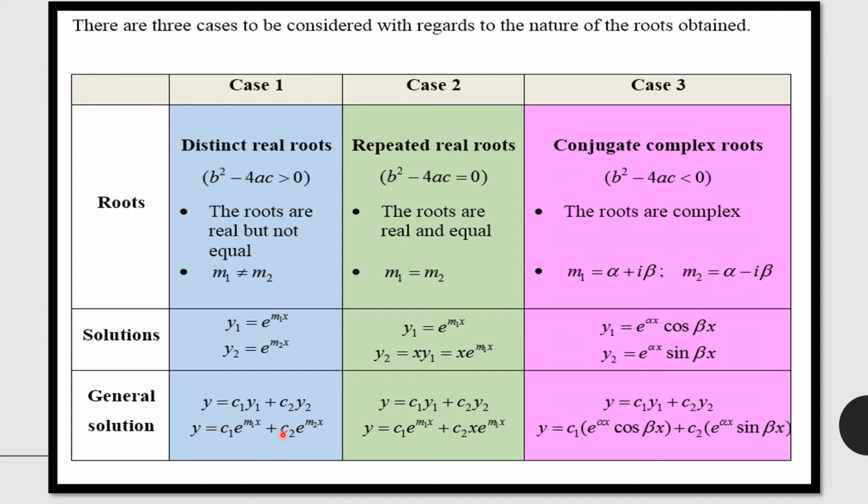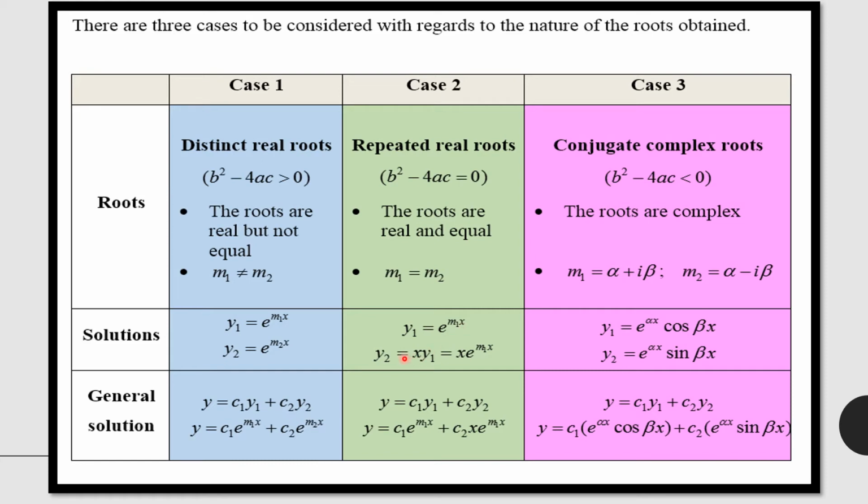Case number 2 is when we have two roots and they are both equal. Okay, the roots are real and they are equal, and if you use the quadratic formula, you'll find out that the expression b squared minus 4ac under the radical is exactly equal to 0. So, since m1 is a real number, we write the solution the same as in case number 1. y1 is e to the power of m1x.